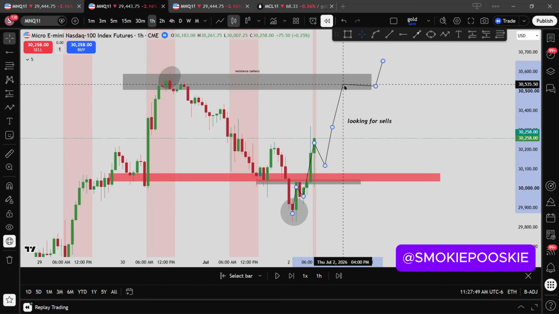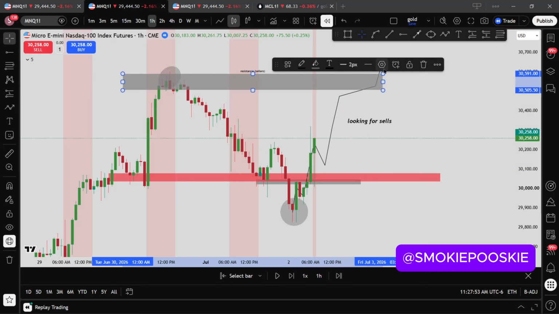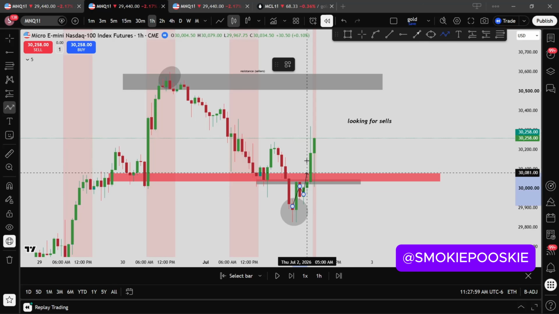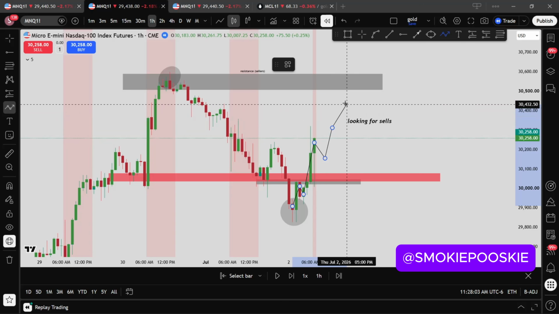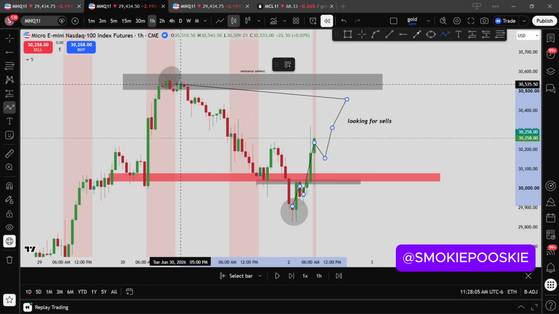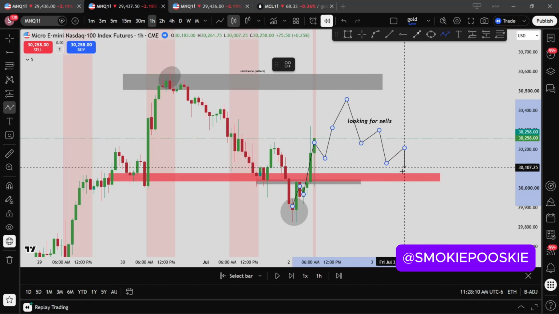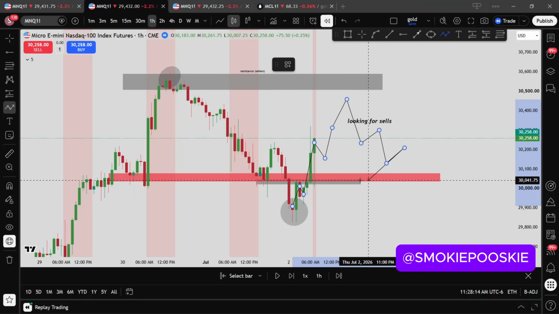So until we are above this level, we cannot look for buys. That should let us know right away that on the 1-hour, even though it's making bullish structure, it could simply be creating a lower high, lower than this, and then continue all the way back down, simply because of this 4-hour break of structure.